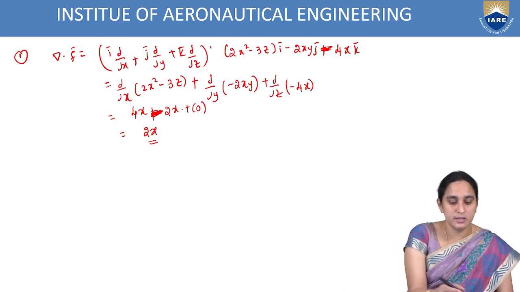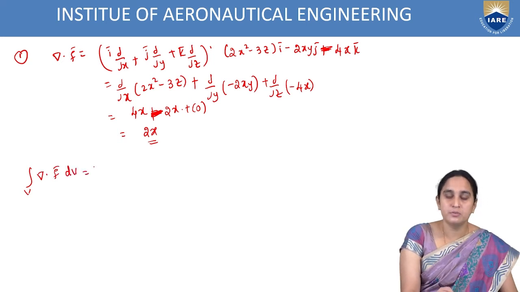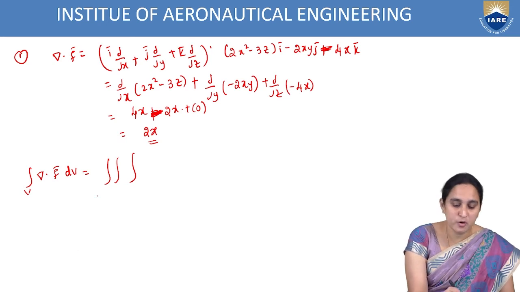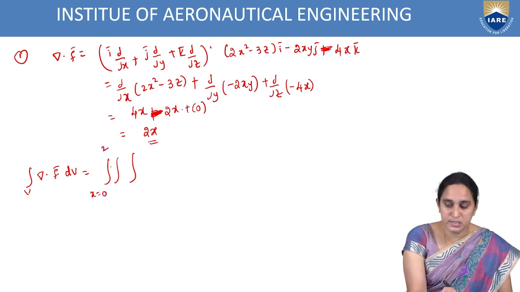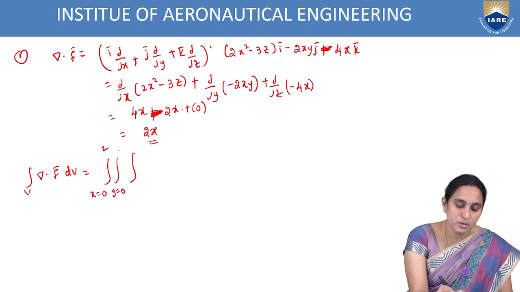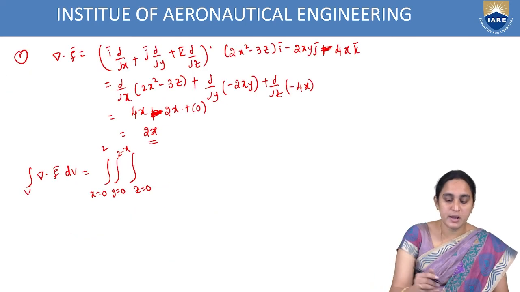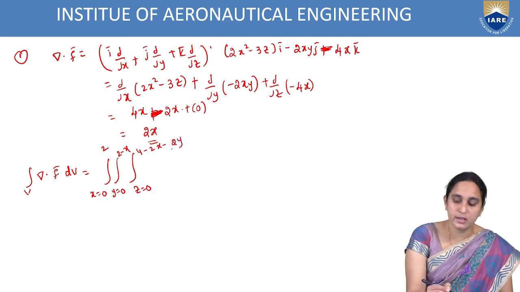Therefore, from the first question, now we know del dot f bar and the limit points of x, y, z. The integral over v of del dot f bar dv is equal to the triple integral where the x limit points are 0 to 2, the y limit points are 0 to 2 minus x, and the z limit points are 0 to 4 minus 2x minus 2y.